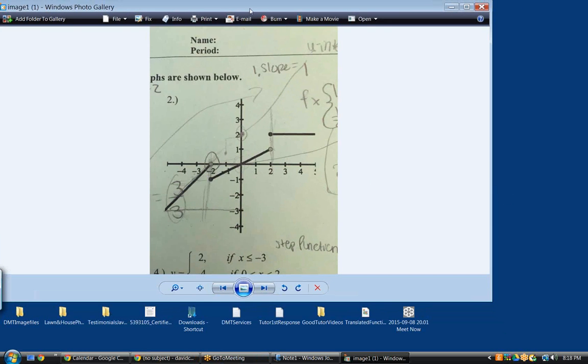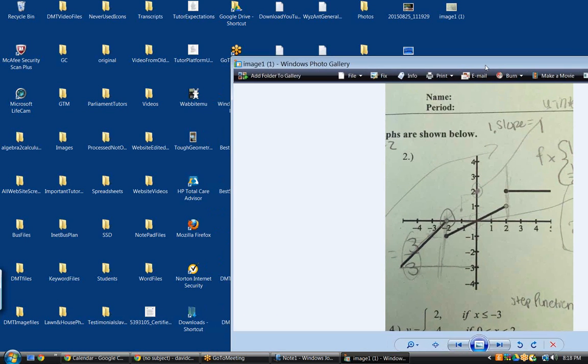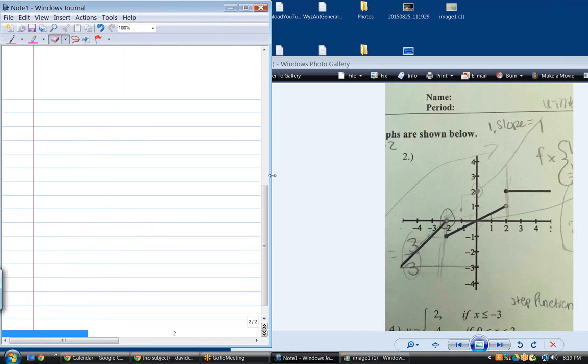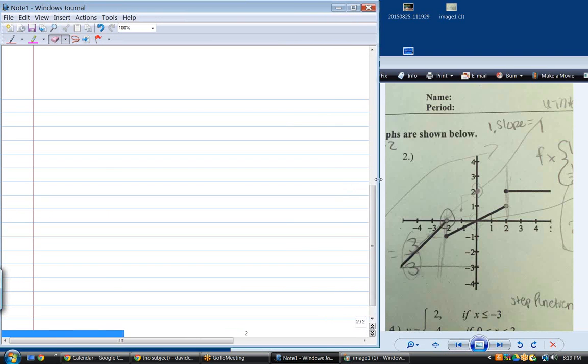So if we're going to attempt to figure out what this is, first of all, they're all straight lines. These two are going to be in the form y = mx + b, and this is going to be y = 2, for the three functions. But again, let's start on the domain part, x, and start on the negative infinity side of the domain.